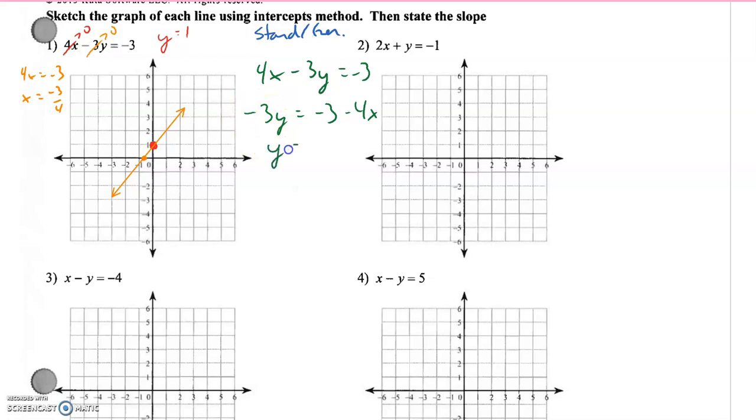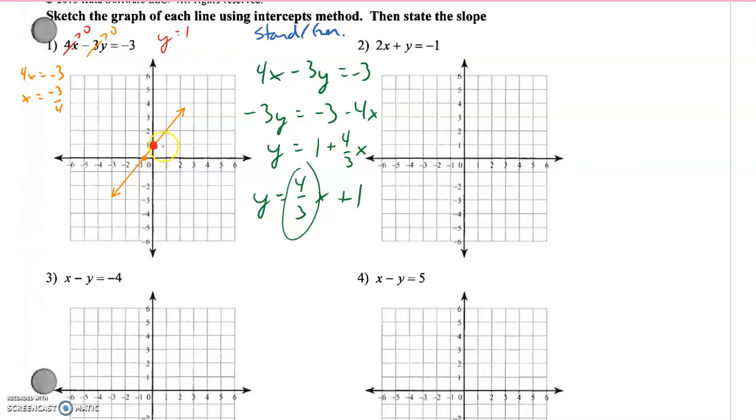Negative 3 divided by negative 3 is 1, and negative 4 divided by negative 3 will give you plus 4/3 x. Okay, and if I rearrange this, y equals 4/3 x plus 1. And this is slope-intercept form, so my slope would be 4/3. So this is one way to do it.